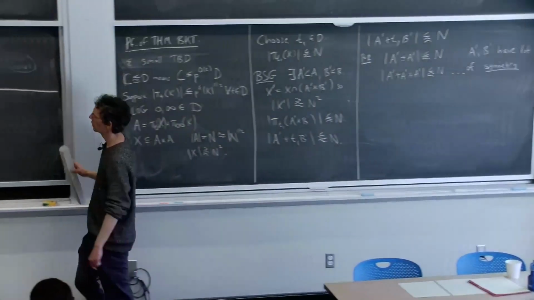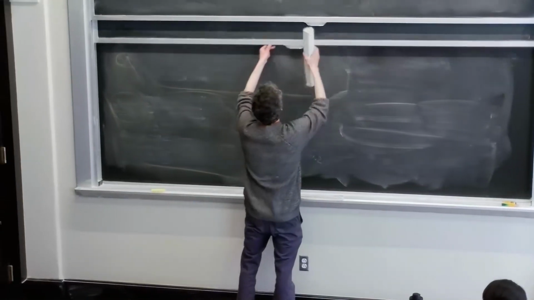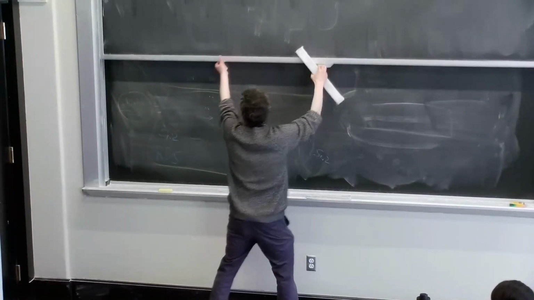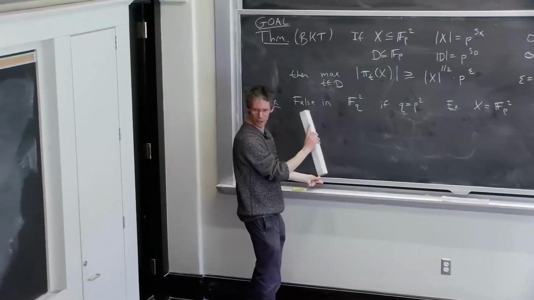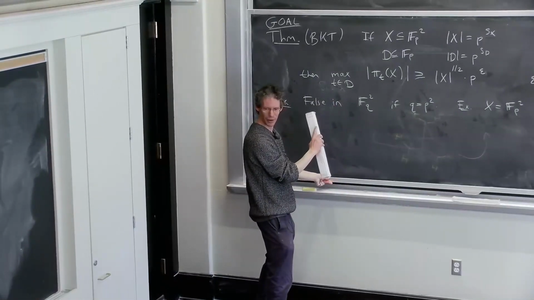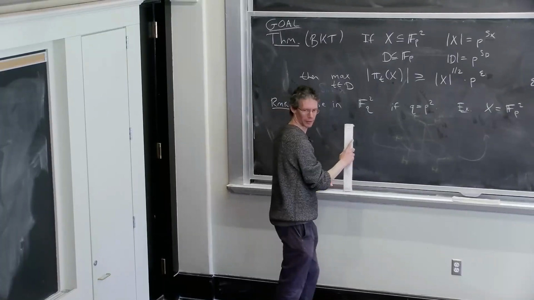Next, I have to make space, so I'm going to erase the statement of the theorem. We're going to try to prove that one of the projections of X is big.